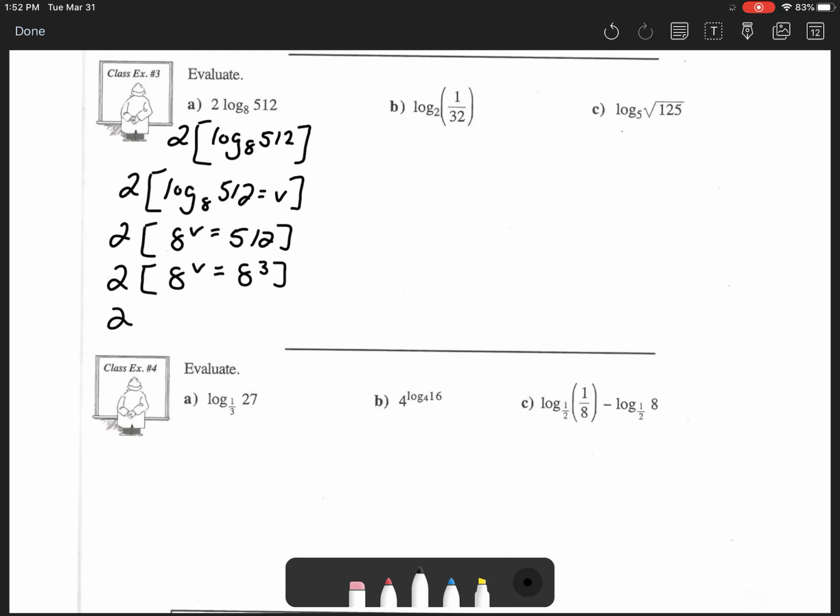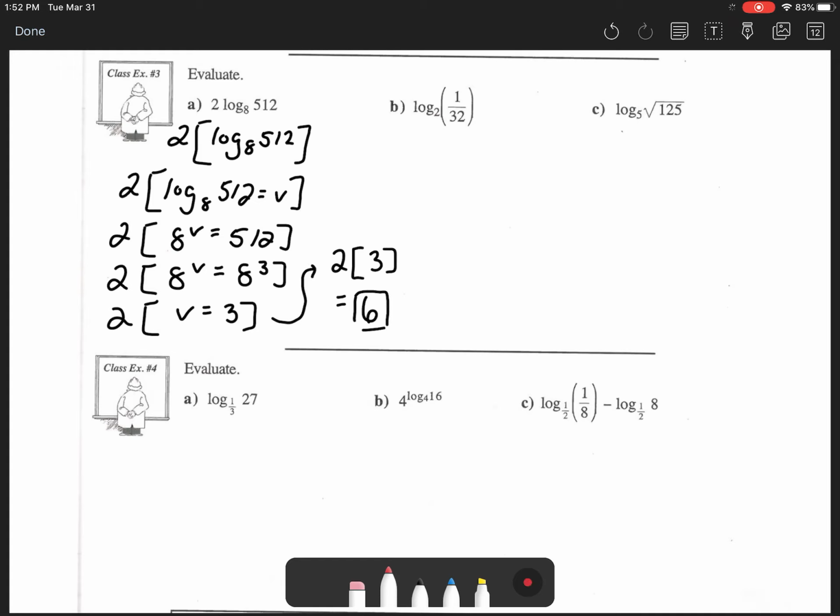Okay, so from here, you can see that v will be equal to 3. So remember v was log base 8 of 512. So basically, this is now like saying 2 times 3, okay, which will equal 6. Okay, there you go.